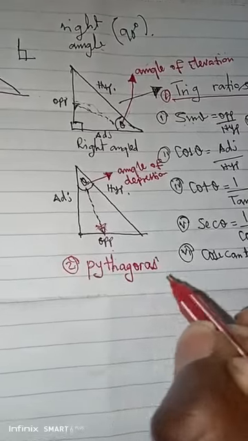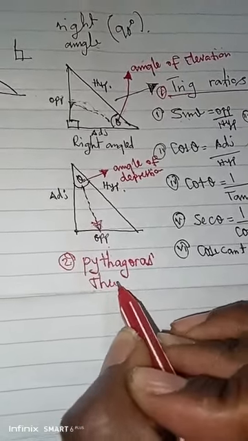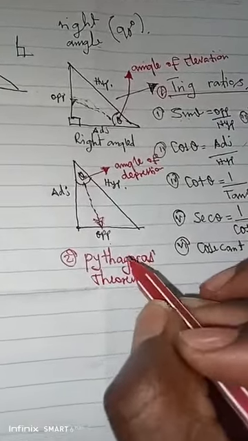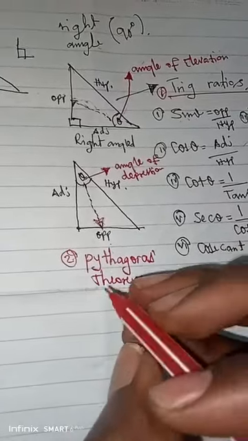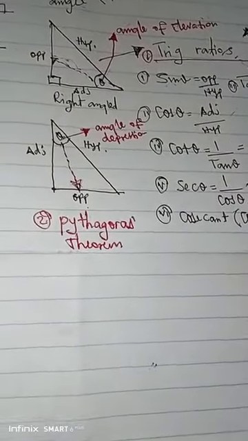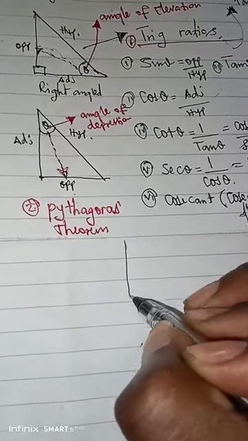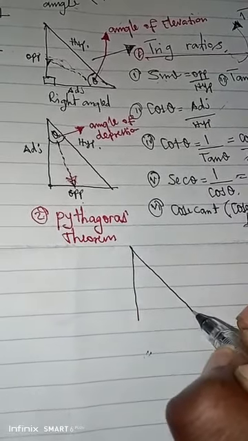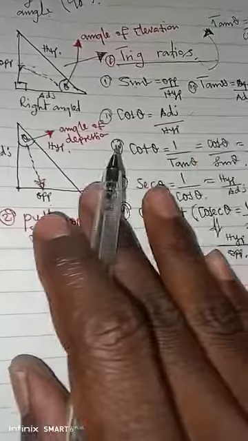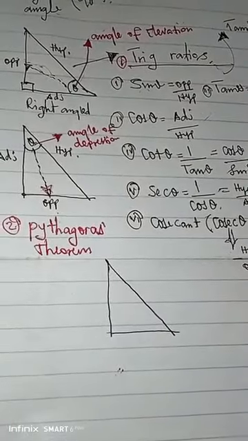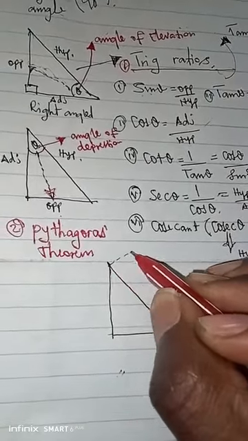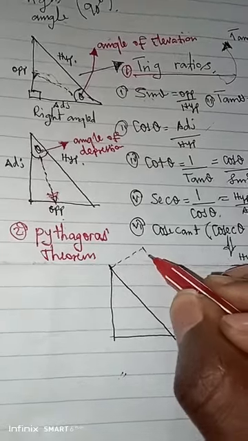Pythagoras was the name of a person, and in his statement, he fashioned a right-angled triangle in this way, and then he assumed there were squares formed from these sides.